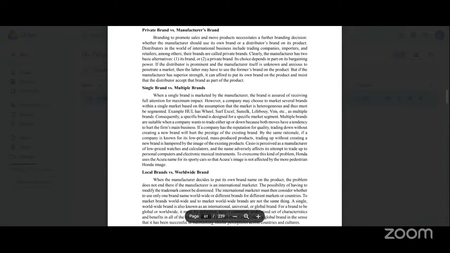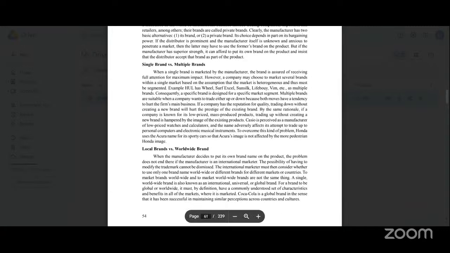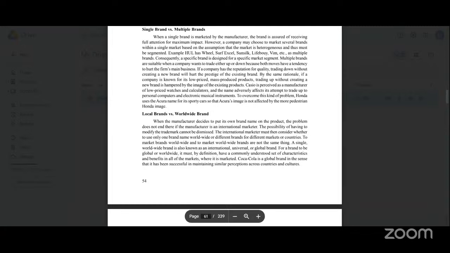The next, third factor that we need to consider is local brands versus worldwide brands. Here, when we put out a product in its own market, the problem does not end there. In terms of the manufacturer, what we need to see is the possibility of having to modify the trademark.